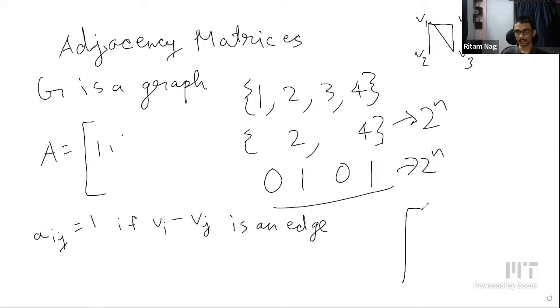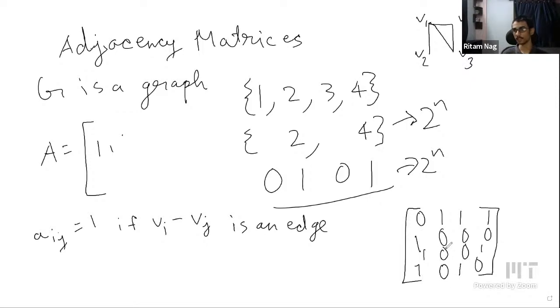The adjacency matrix would have 0 across the diagonal, because no vertex is connected to itself. 1 and 2 are connected. 1 and 3 are connected. 1 and 4 are connected. 2 is not connected to anything else. And 3 and 4 are connected. So this would be the adjacency matrix of this graph.